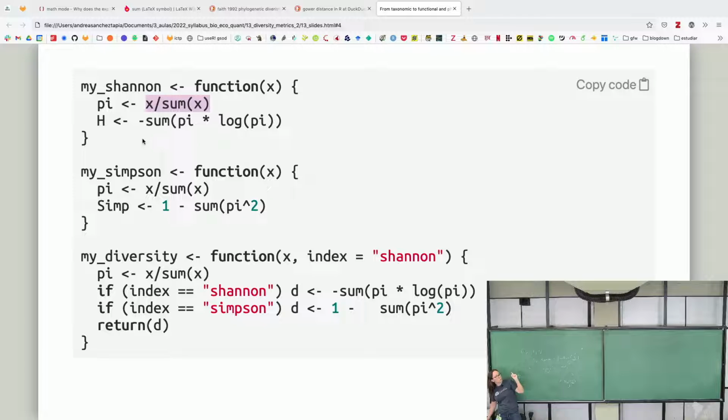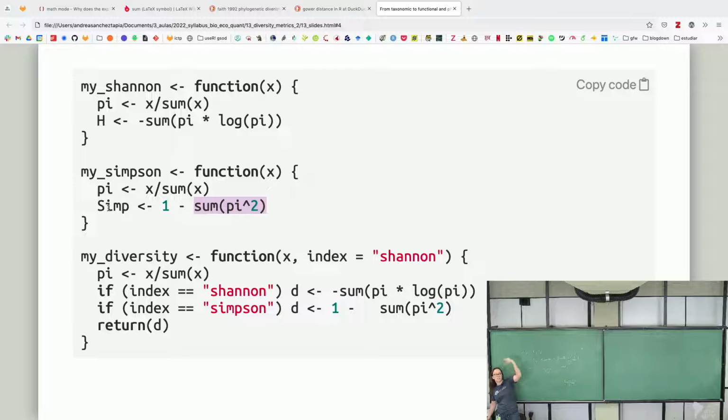And when we calculate Shannon, it's just minus the sum of this multiplied by the log. But when you calculate Simpson, it uses the same PI, the same relative proportion. But it does a different calculation. It's the sum of the squares, and this is the diversity.